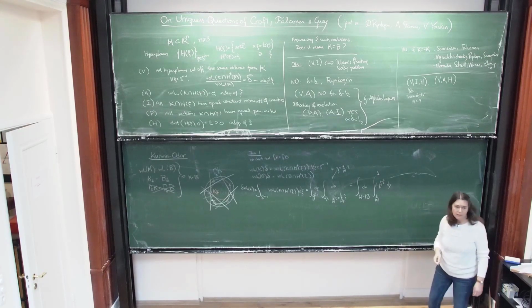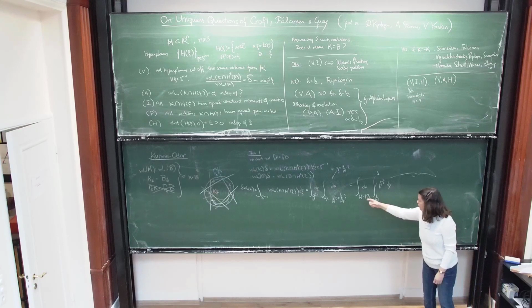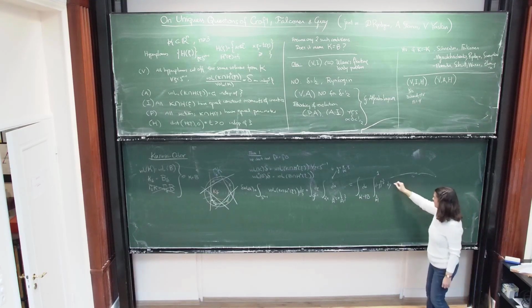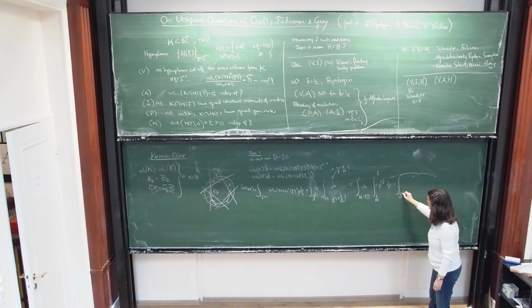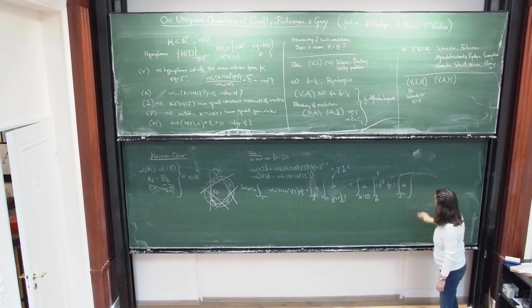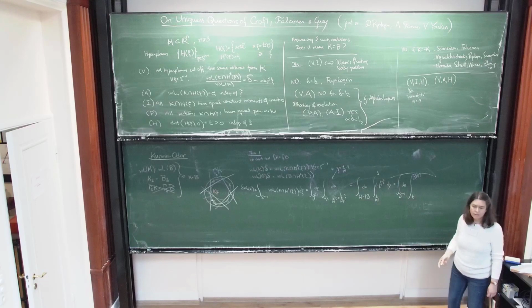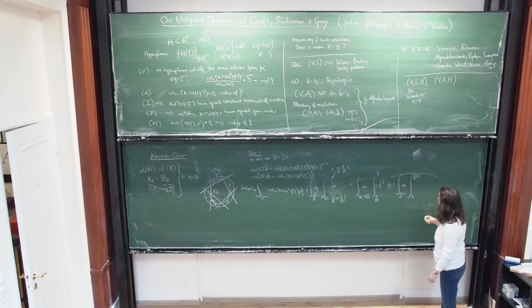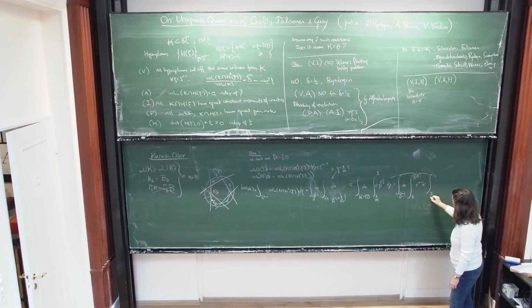The next step is to pass to polar coordinates in the outer integral. So we have the integral over S^{n-1} of d theta. Here we have the integral from t to the radial function of K, so that's where we are integrating, r to the n minus 1 dr, and the inner integral stays the way it was.